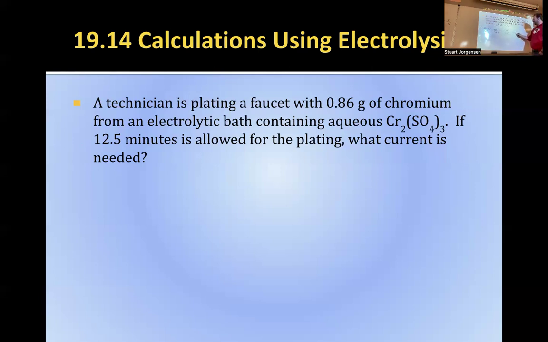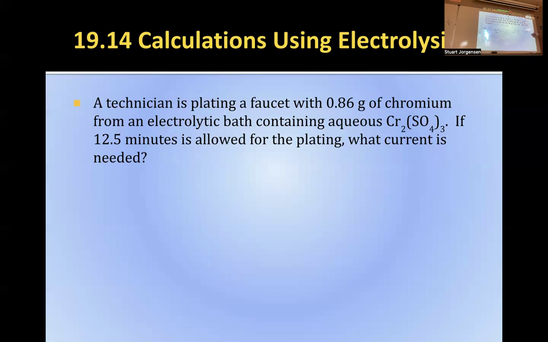And we know per mole of electrons, Faraday's constant, 96,485 coulombs. That's coulombs.